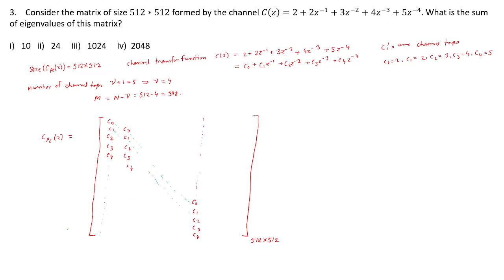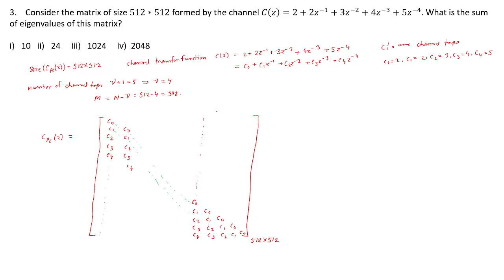Similarly for C2, C3 and C4, I am not exactly drawing them. Here C0 is shifted here, then C1, C2, C3; next C0 is here, C1, C2 here; next C0 is here, C1, and at the end it's C0 only.